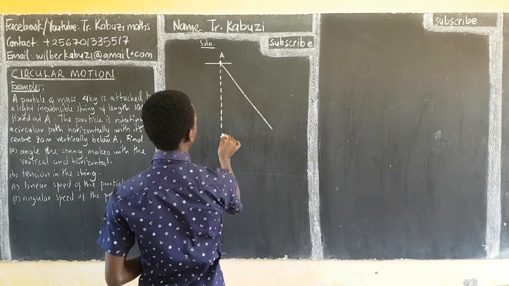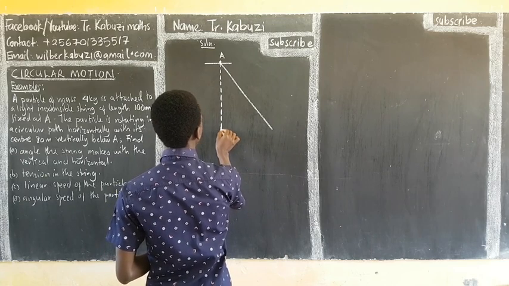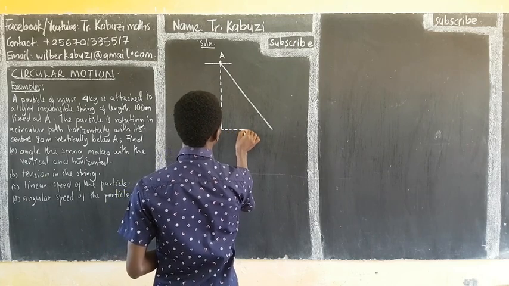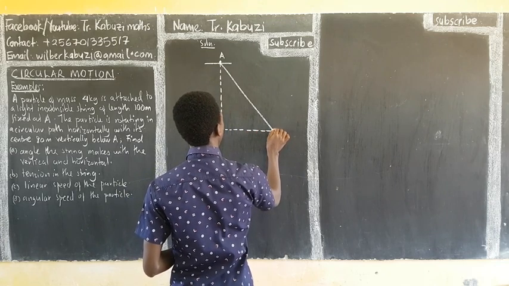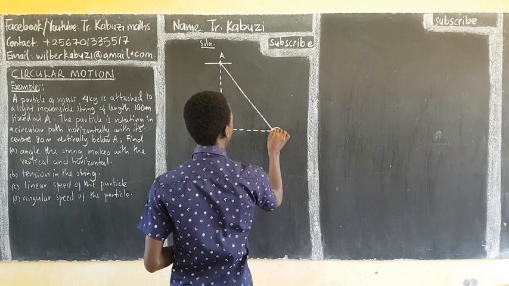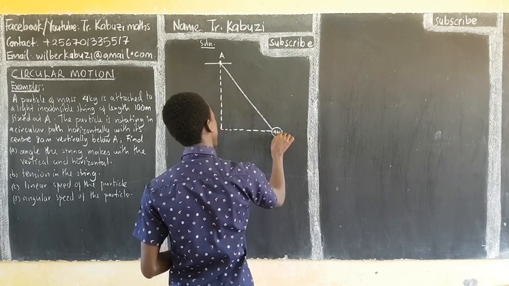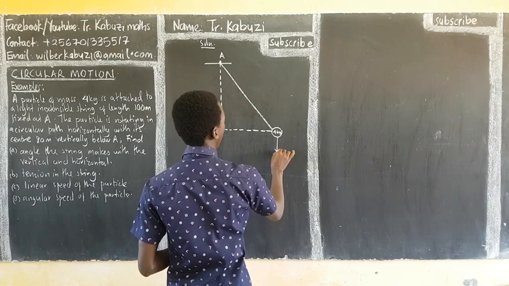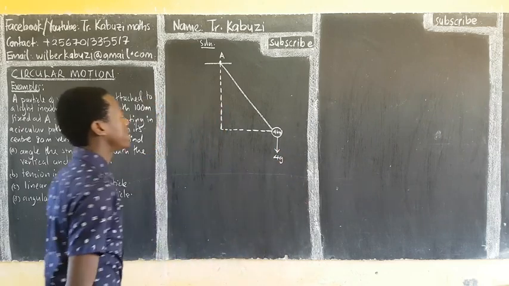If it makes an angle, then it's going to have a distance from this vertical, which we shall be calling the radius. Then here is where we have our particle of mass 4 kilograms. Of course, it's going to add a weight down, which is the mass times the gravity.